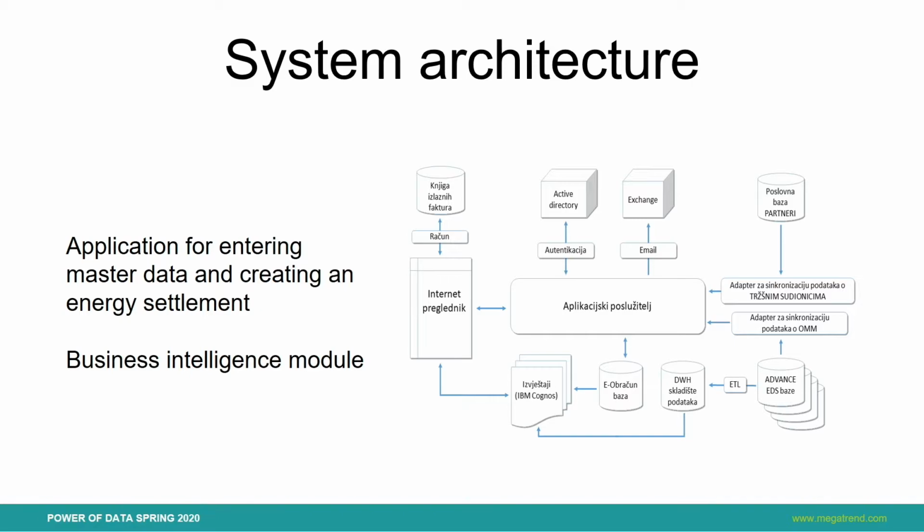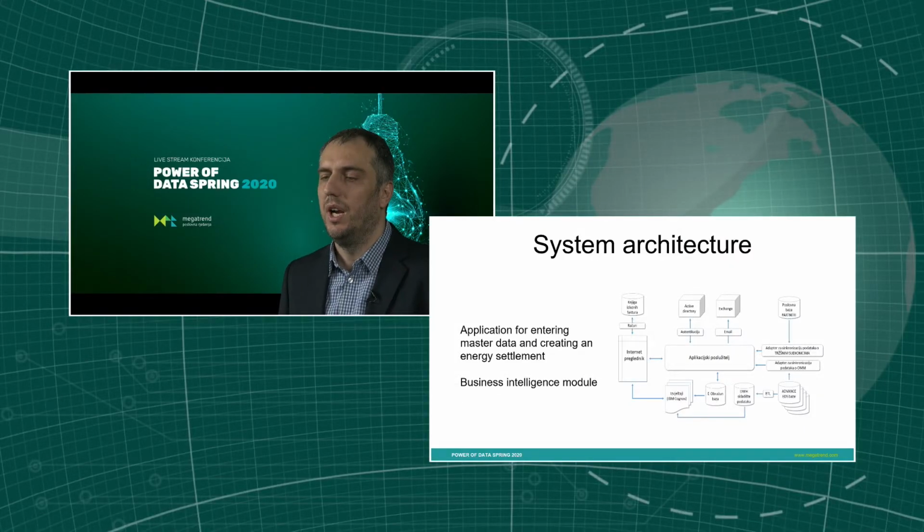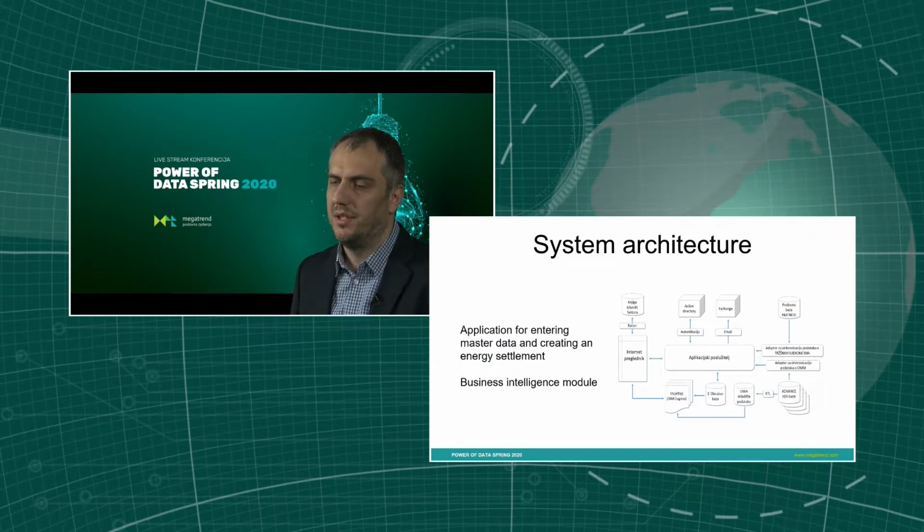Now I will talk more about a technical description of the system architecture. The whole energy settlement system can be divided into two logical units. One is the application for entering the master data and creating the energy settlement, and the other one is the business intelligence module.